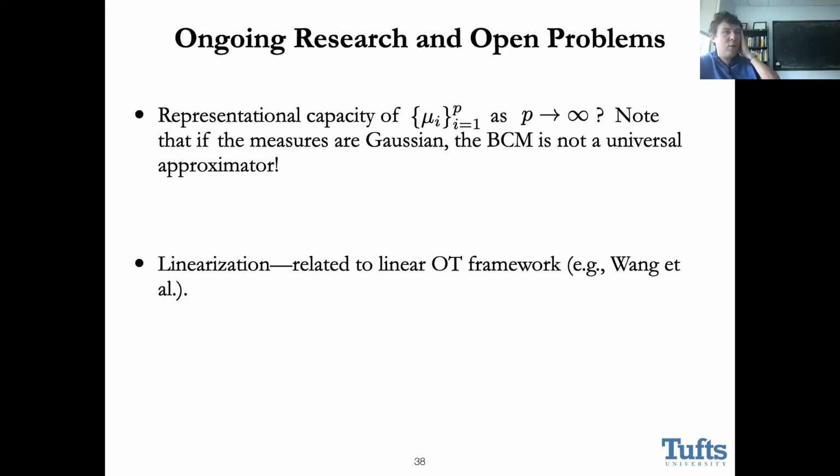Just two open problems we're still thinking about. One is what we call the representational capacity, or the approximation theory aspect, of these Wasserstein barycenter problems. Things are a little bit weird. If you think like a statistical learning person, kernel density estimators are pretty good for representing probability densities in L2.